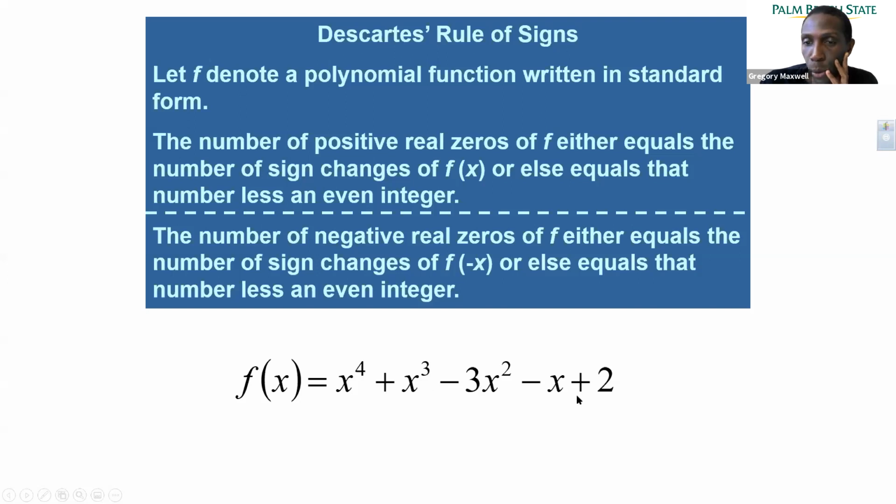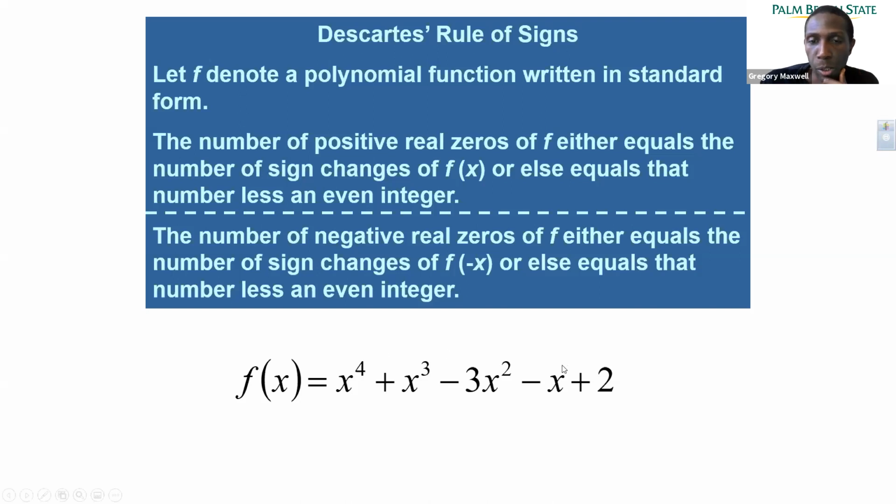So when we have two sign changes, that means we have either two positive roots or an even number less than that. In this case, we either have two positive roots or no positive roots, because an even number less than 2 would have to be 0 or a negative, and we can't have a negative number of anything.